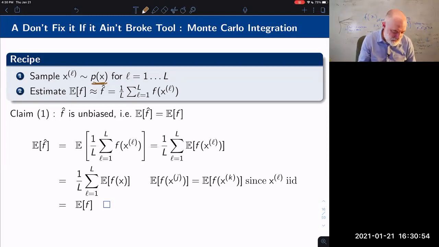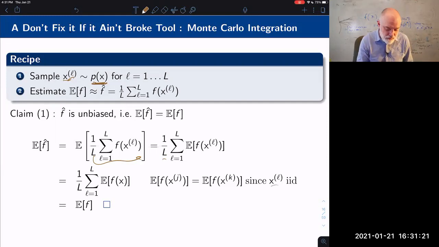So the expected value of the estimator f prime, where this expected value is taken over these sampled values x_l, is just the expected value of the estimator. But of course, due to the linearity of expectation, 1 over L comes out and the sum comes out, then you're left with the expected value of f of x_l.